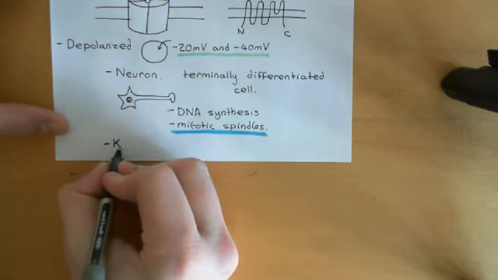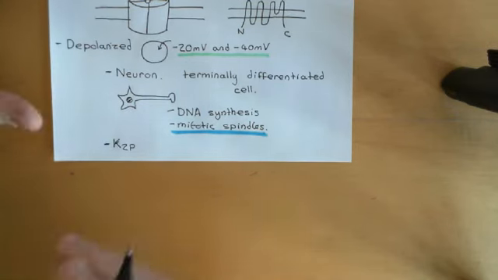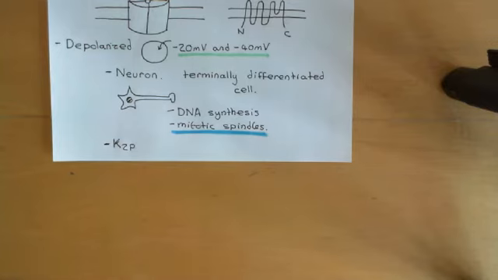Okay, so the K2P channels. Maybe their dysregulation is what leads to the sustained depolarization across the membrane of the cancerous cells. Okay, right, so that's a first general point that relates to not just a specific type of voltage-gated potassium, not just a specific type of ion channel, but potentially to the full complement of ion channels.